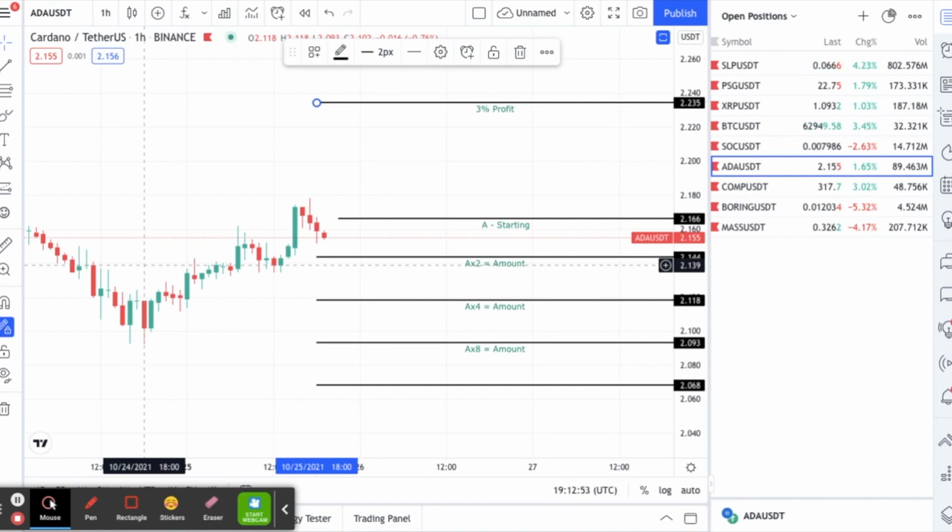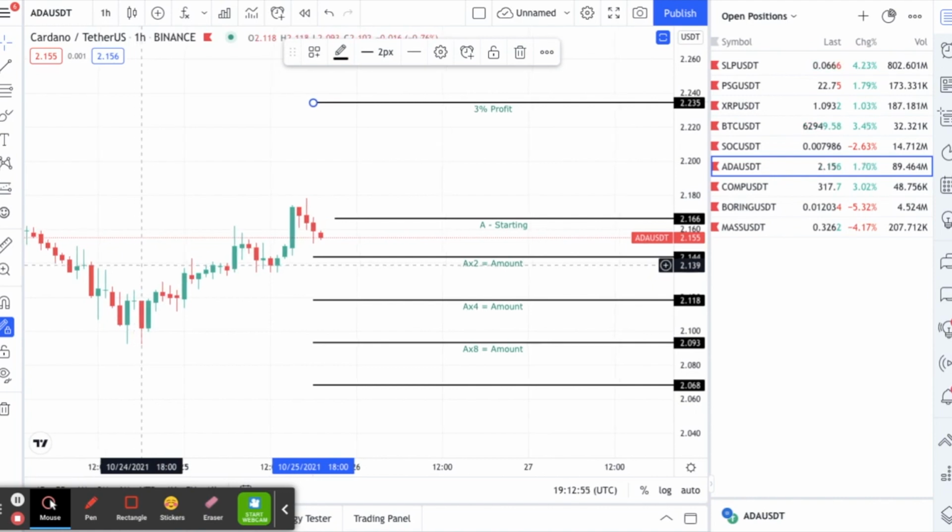So every time the price drops 0.025 USDT, it will buy. Right here at 2.144 is one buy, and then 2.118 is another buy. 2.093 is another buy, and 2.068 is another buy.